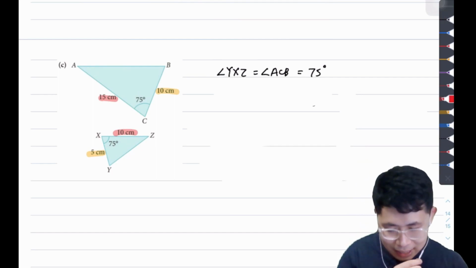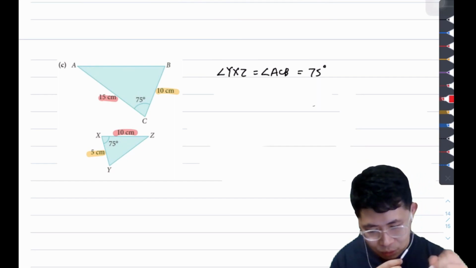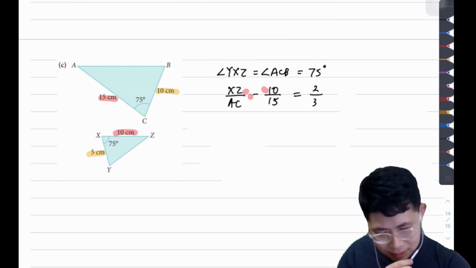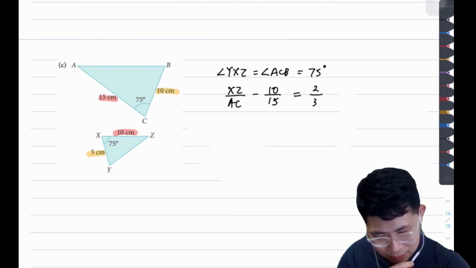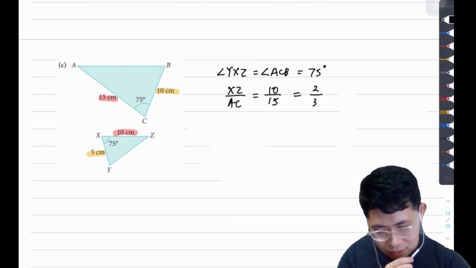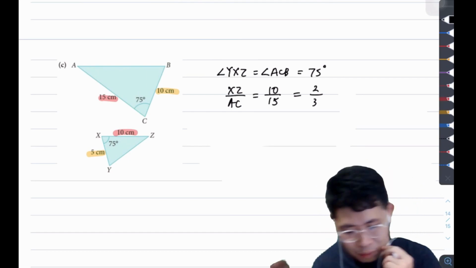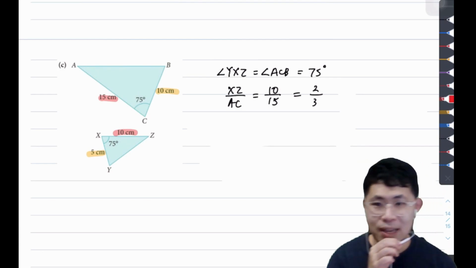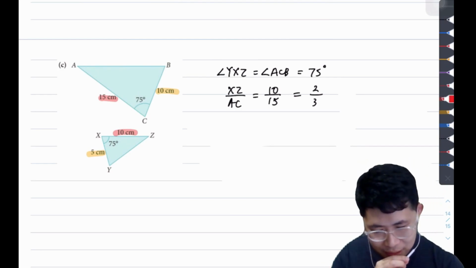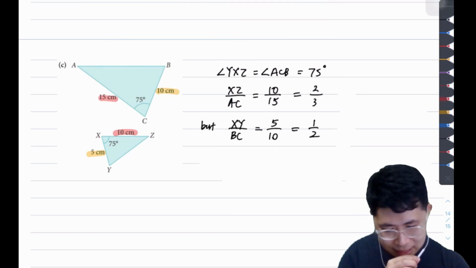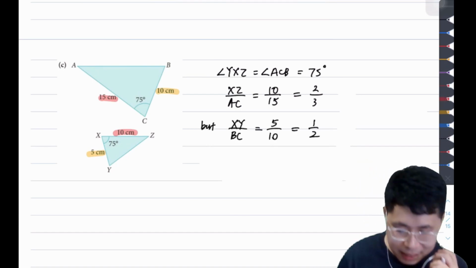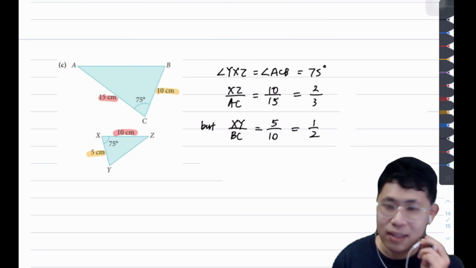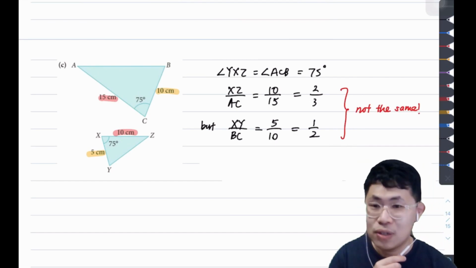The next thing is, we can also write this one over here. XZ over AC, which is 10 cm over 15 cm, is 2 over 3. The next ratio that we can use is XY over BC, which is 5 over 10, and it's actually half. So the ratio is different now, which means that this ratio is not the same.